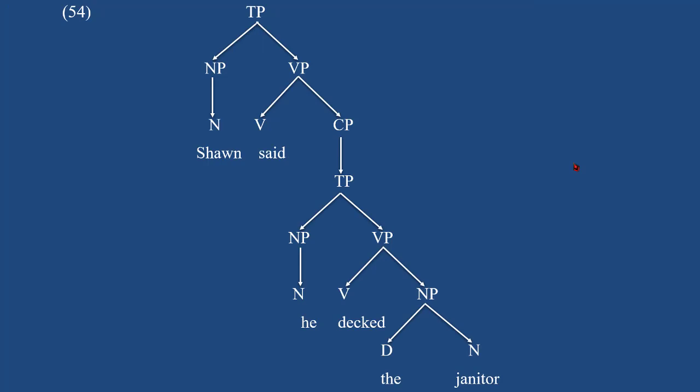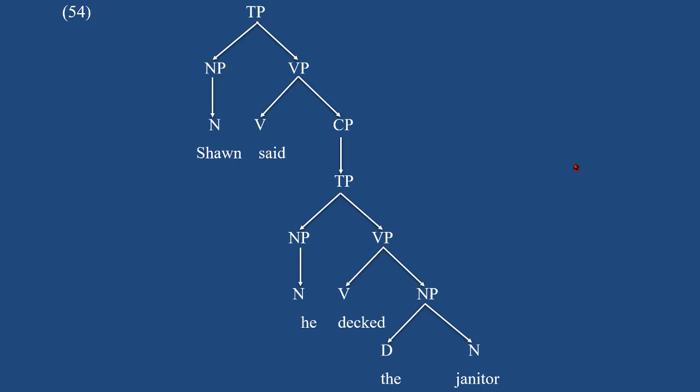Sean said, this is how we draw the tree. If you are given, for example, Sean said he decked the janitor without the complementizer that, you can draw it this way. So we have an NP and VP. CP, you go automatically to TP. So we don't draw another line for C. We don't have it in the sentence, but it is there.